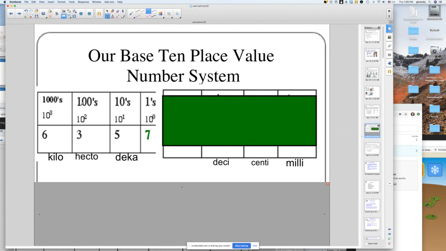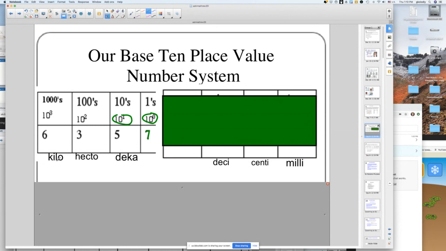Now, 1,000 is 10 cubed. 100 is 10 squared. 10 is 10 to the 1, and 10 to the 0 is 1. Any number raised to the 0 power is 1. So we say this is a place value number system. Well, the metric system has words for these. You're probably familiar with kilo.